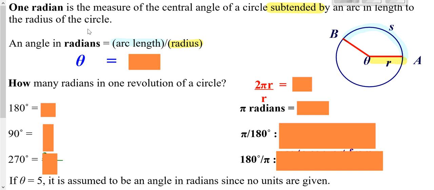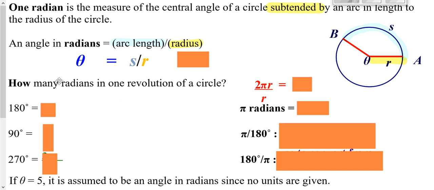Basically, in layman's terms, it says your angle in radians, we'll call it theta, is your arc length, that curved distance on your circle going from A to B for your angle, which we call S, divided by your radius. So it's arc length divided by your radius that is your definition of an angle in radians.